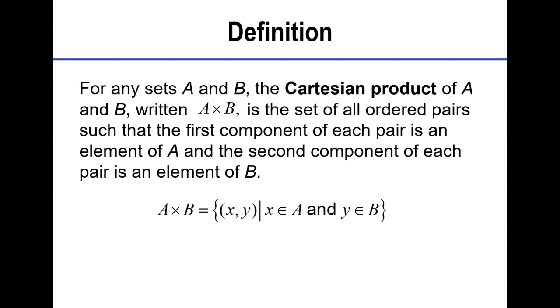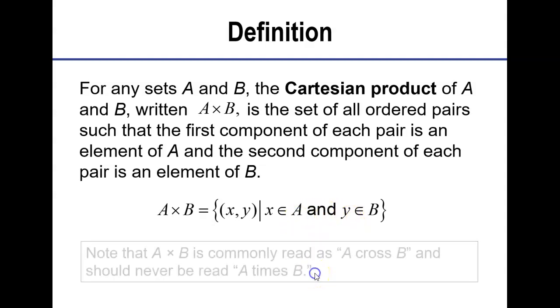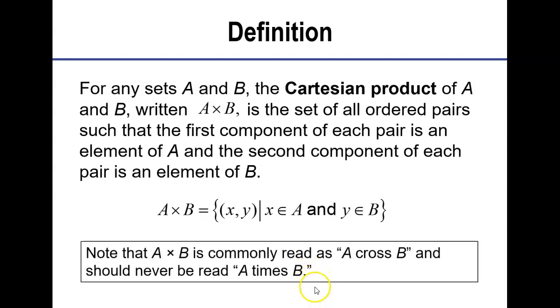For any sets A and B, the Cartesian product of A and B, written A × B, is the set of all ordered pairs such that the first component of each pair is an element of A and the second component of each pair is an element of B. So A × B is equal to all the ordered pairs (x, y) such that x is an element of set A and y is an element of set B. Note that A × B is commonly read as "A cross B" and should never be read as "A times B."